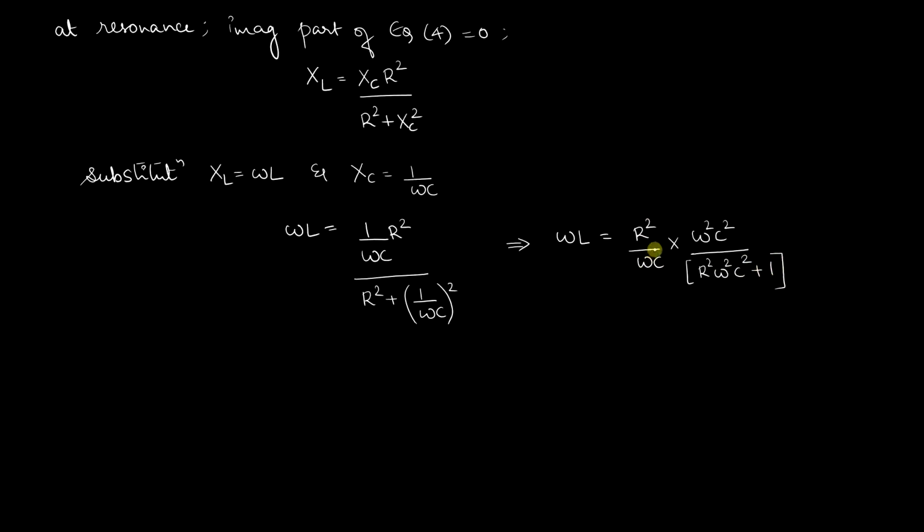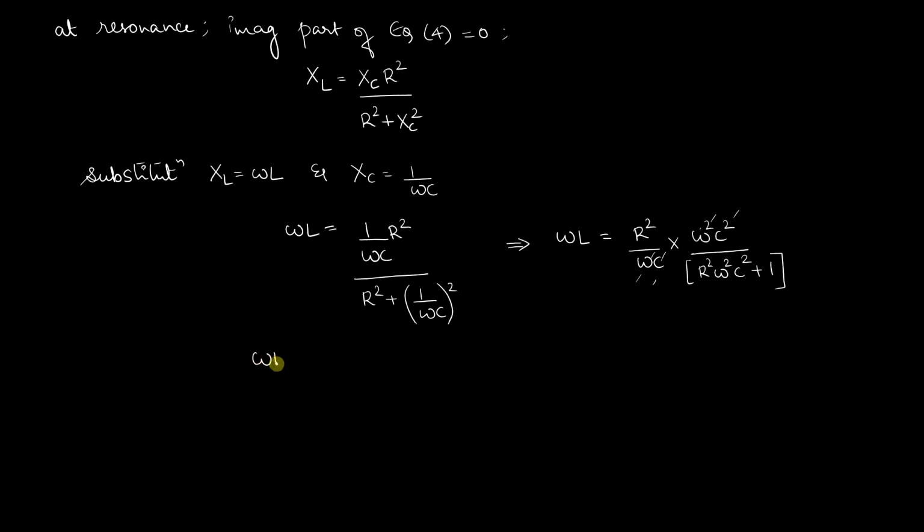So if you see here, you have omega C, omega square, and C and C square get cancelled. Then you have omega here and an omega that is left out here. So let me rewrite that step once again.